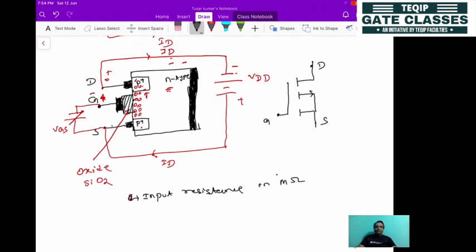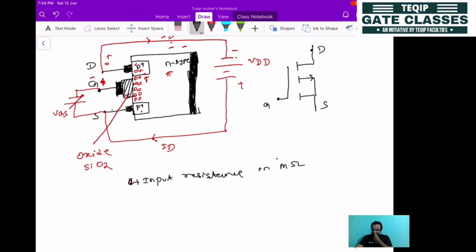If you compare BJT and MOSFET, in a BJT the input resistance is comparatively very low, but in case of MOSFET the input resistance is very high because of the presence of the silicon dioxide layer, in terms of mega ohm.